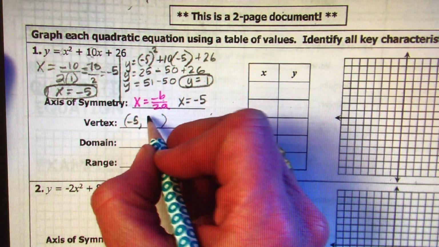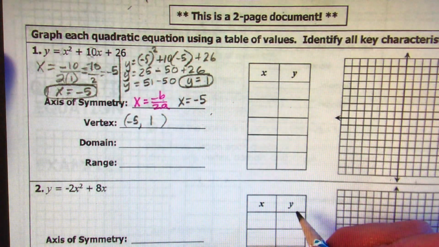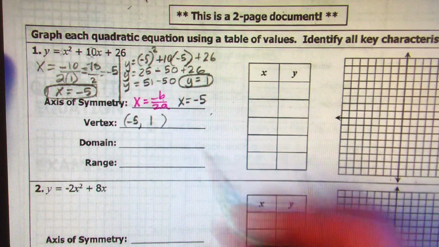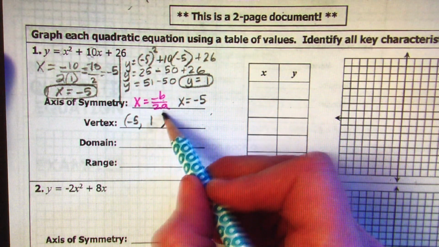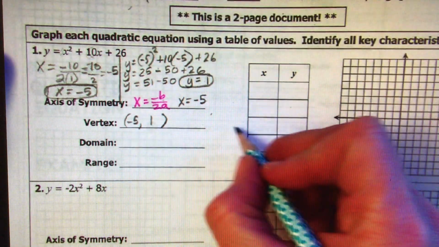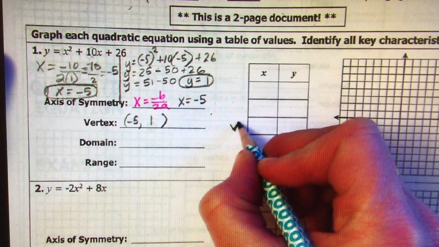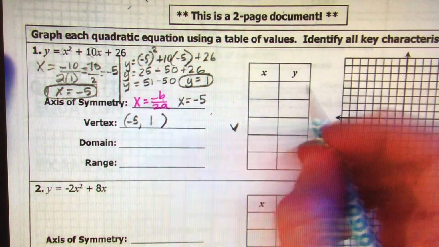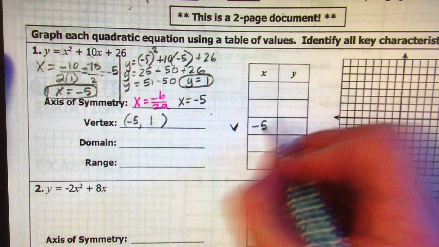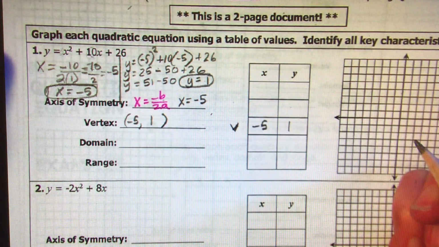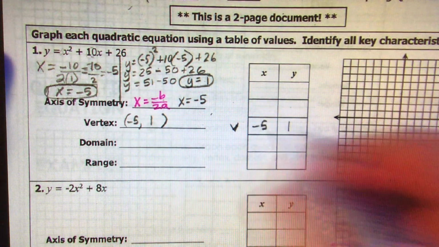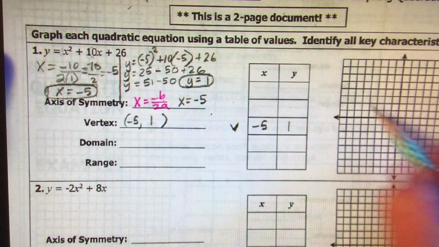So our vertex is negative 5, 1. Now our tip was that whatever the vertex was, we should put in the middle line of our table. So let's go ahead and plug that in. I have negative 5, 1. And again, that is a very important point that we'll graph in just a moment.